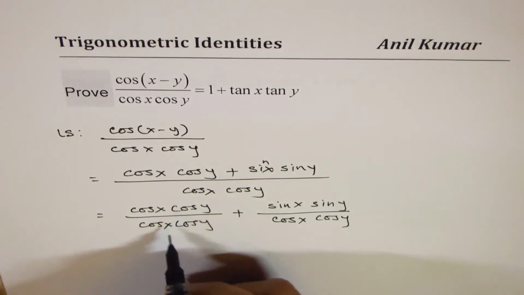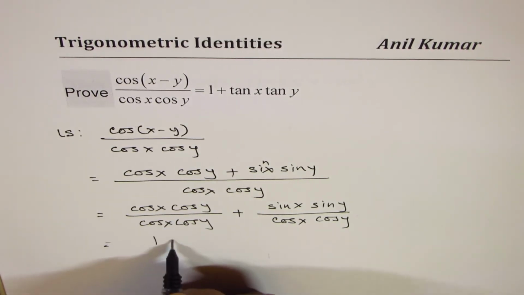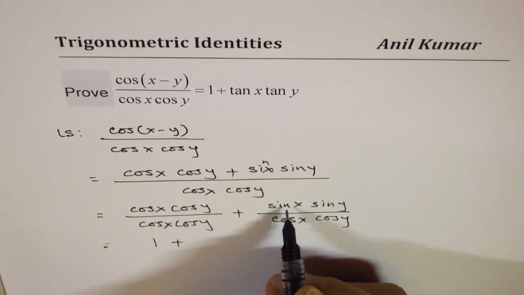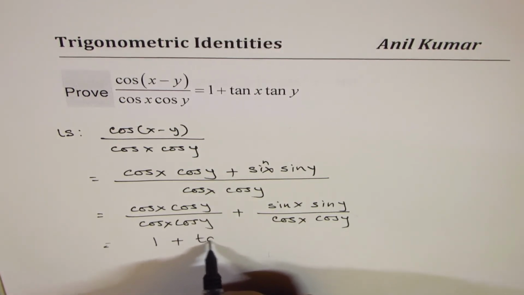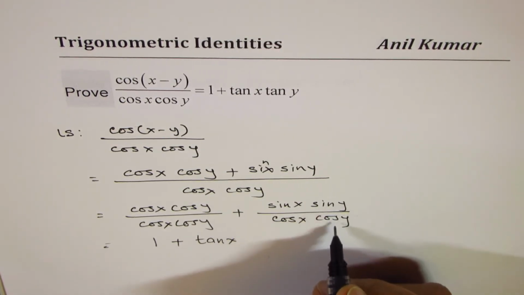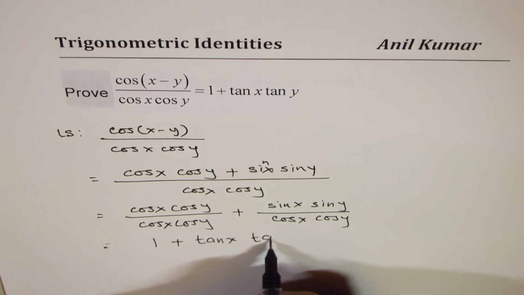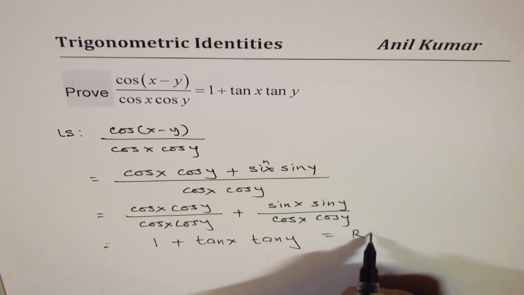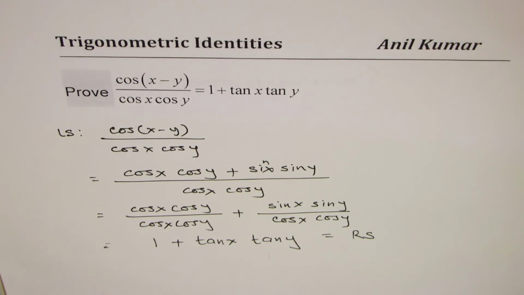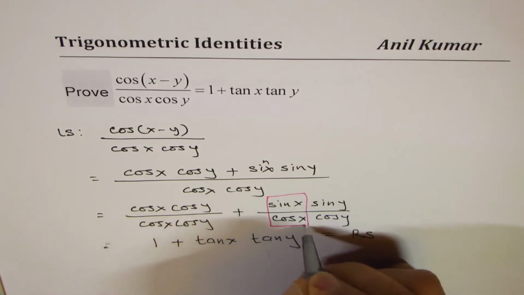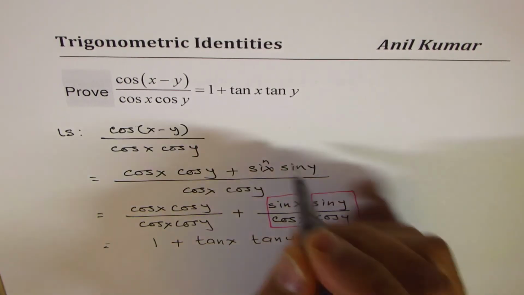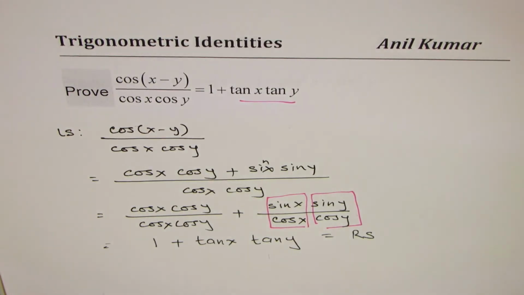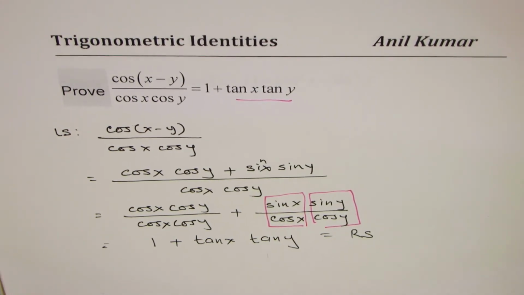Now this factor cancels off, leaving you with 1 plus. Here you can see sin x over cos x is tan x and sin y over cos y is tan y. So we get the right side. Does it make sense to you? So this is tan x and that one is tan y. Perfect.